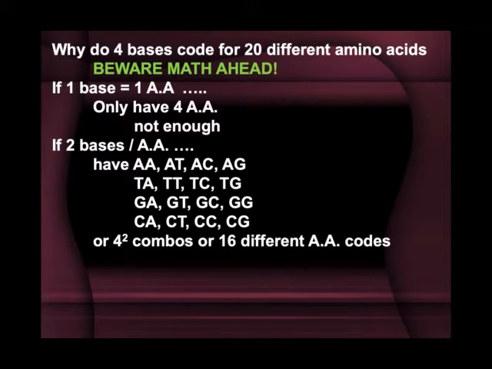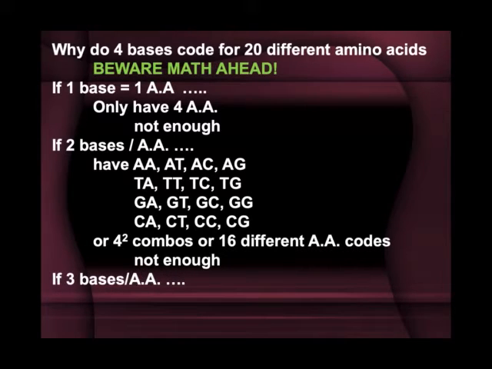The number of combinations is the number of things that we have, 4 different bases, taken 2 at a time. So it's 4 squared, and 4 squared is 16 different amino acid codes. Still not enough. So let's try 3.